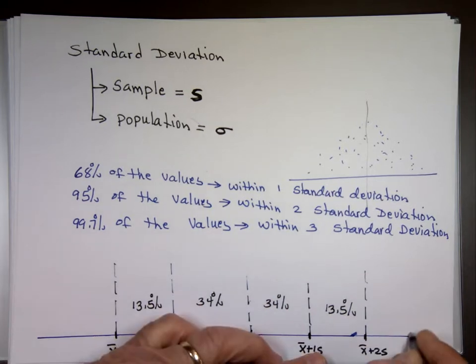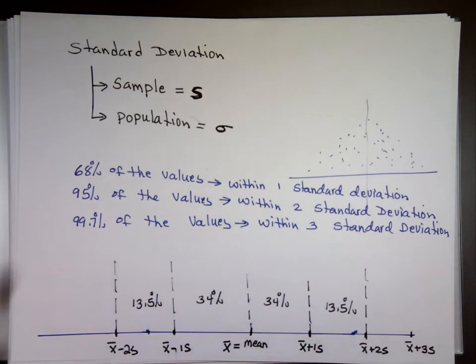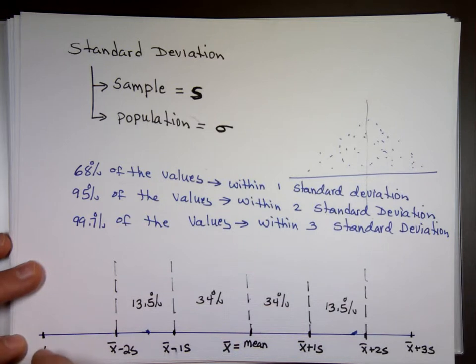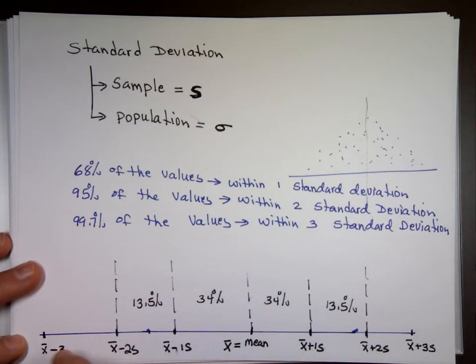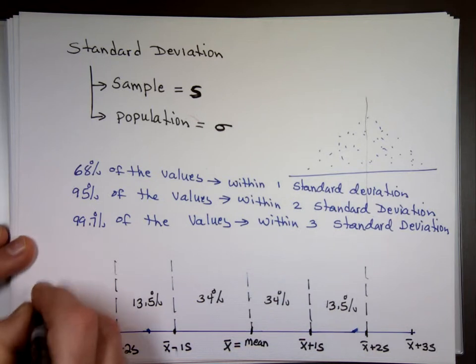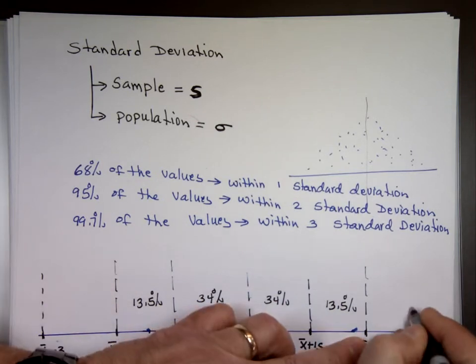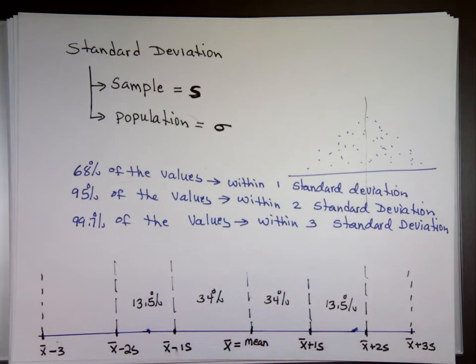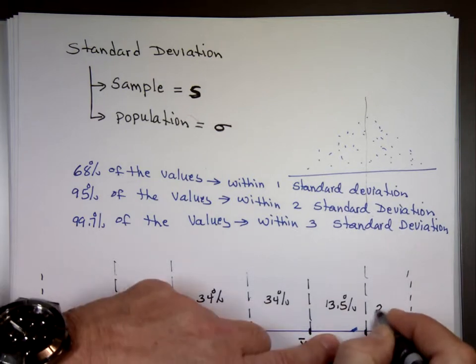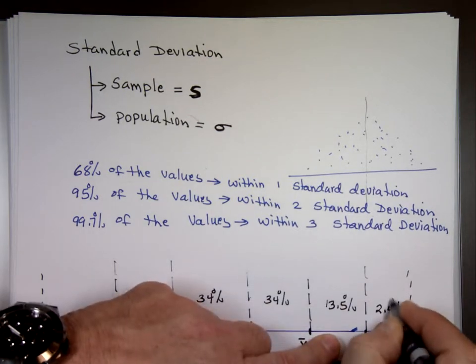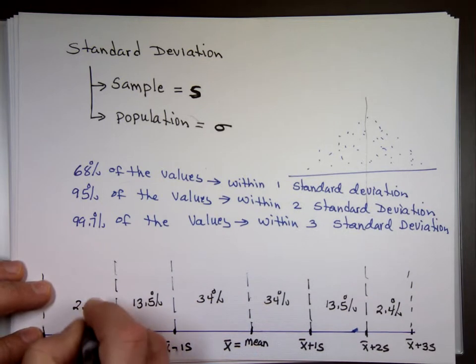And 99.7% of the people are within 3 standard deviations. So 99.7 minus the 95, 4.7 divided by 2, approximately 2.4% of the people in this group and 2.4% in that group.